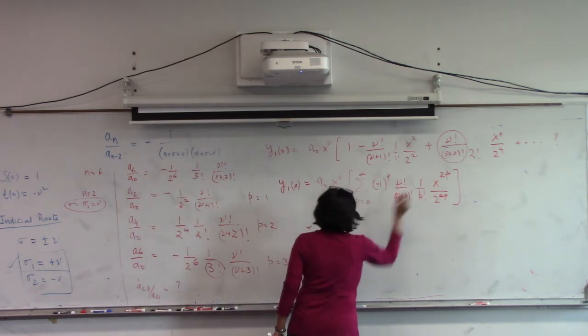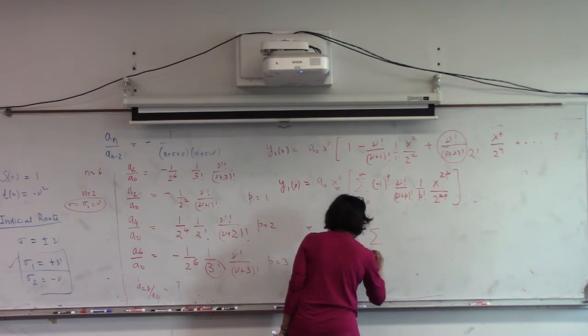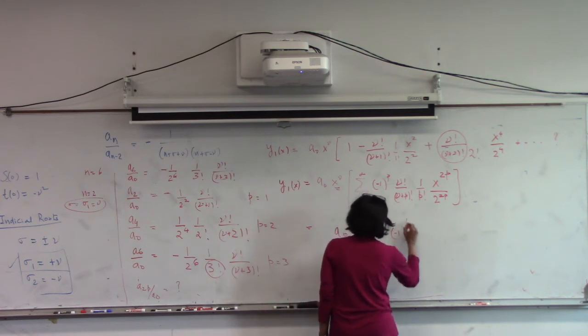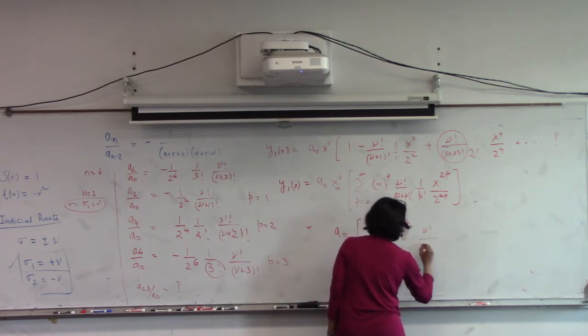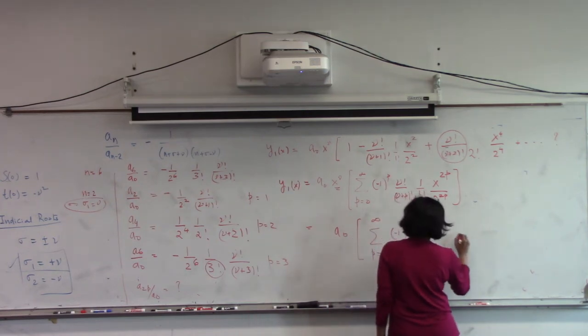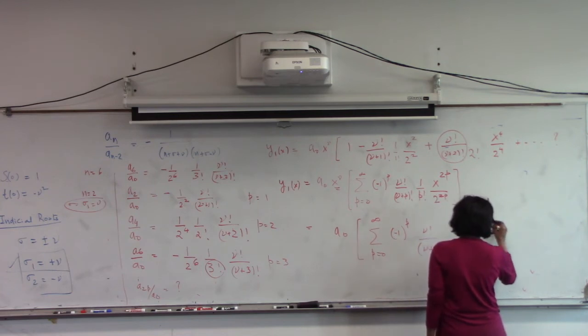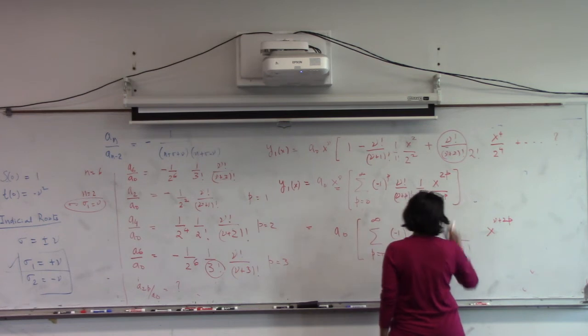This is x that is there, right? So I'm going to write it like this. I also have 1 over p factorial. I can write this as x to the power of mu plus 2p, right? I'm going to pull this inside also.